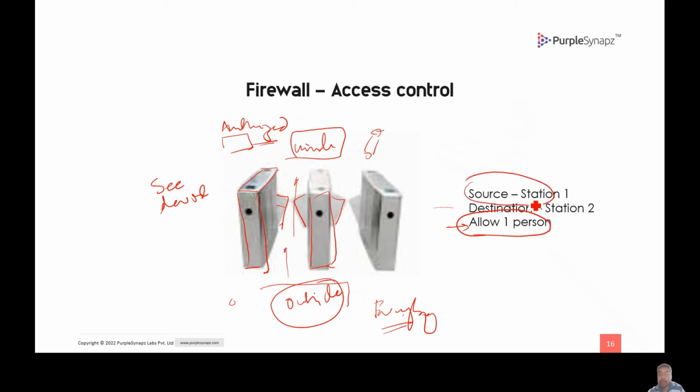This is on the basis of where to where you have taken the tickets. This gate will open and you can go in and then you can avail the services, right? So this is a firewall and this is an access control device. So if you can understand what is the basic job of a firewall, this is it. Here the topic is about internalizing the basics.